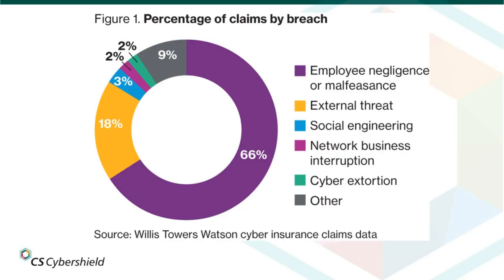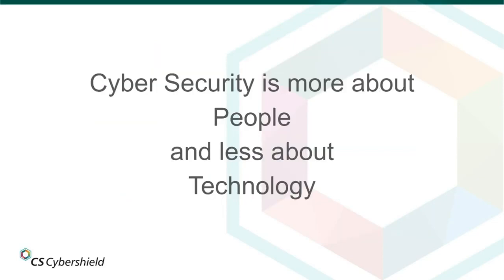It's either by people not being trained correctly or just, as stated, negligence. We can see that it's not about the technology, it's about the people. We have to create the technology and put in place all the rules and regulations and processes to help the people using the technology.